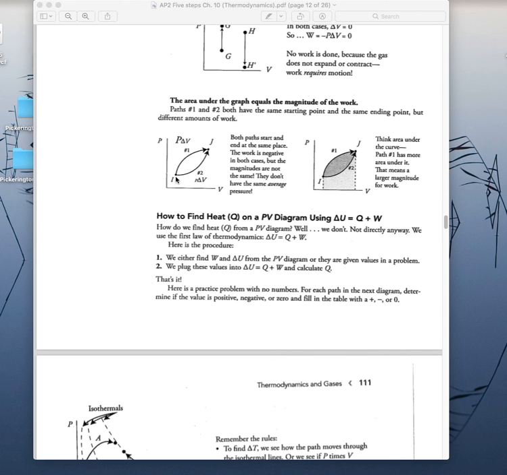You end up at the same pressure and temperature here no matter which path you take, but you do more work on the outside world using path 1. Path 1's area beneath it is all this. Path 2's area beneath it is only this.